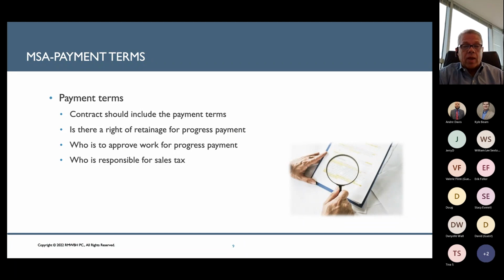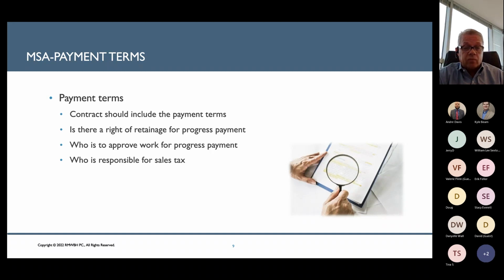If you're doing progress payments, the contract needs to specify who's going to approve that work and what is the mechanism if there's a dispute over whether a progress payment should be paid. So these are all thoughts and issues that need to be addressed in those contracts.